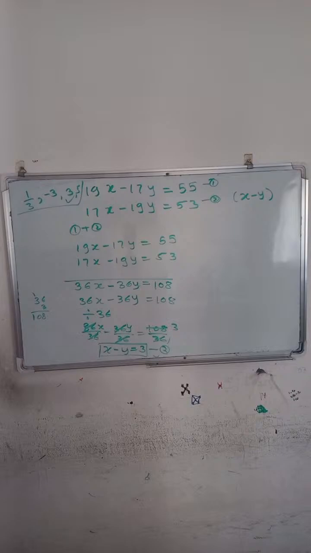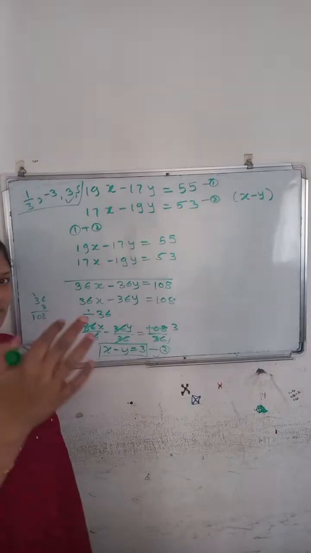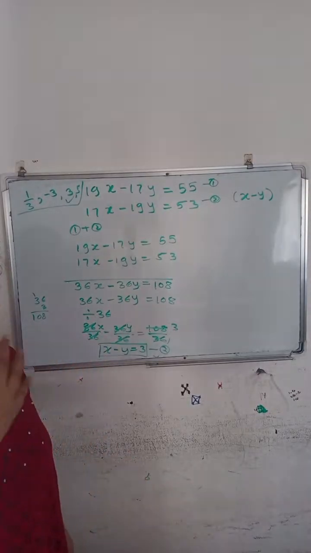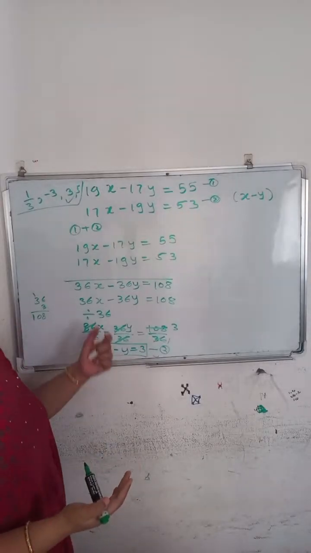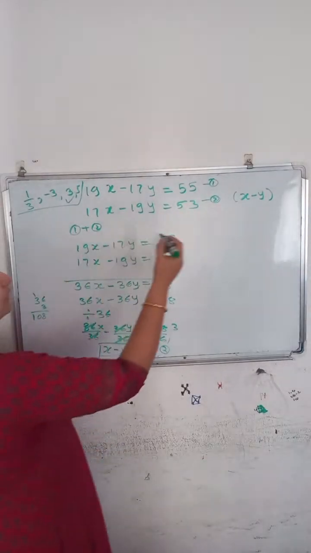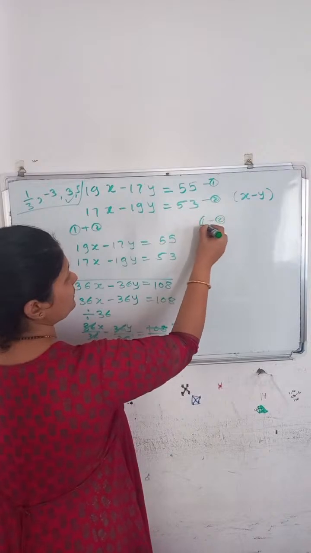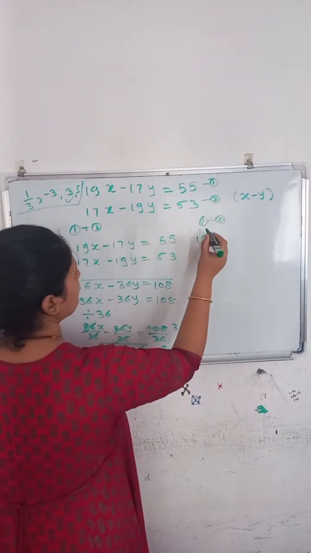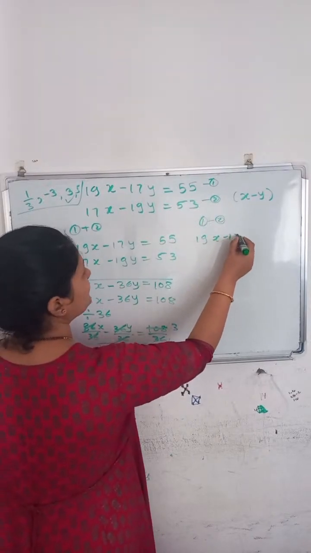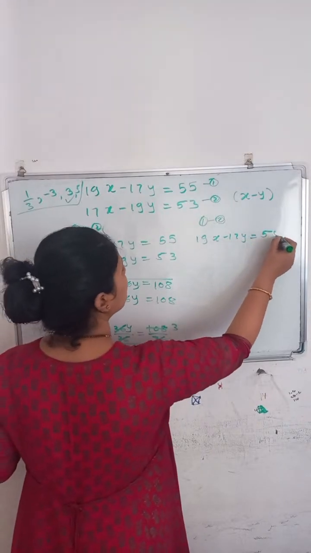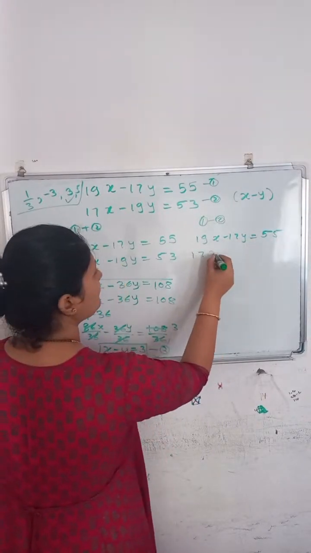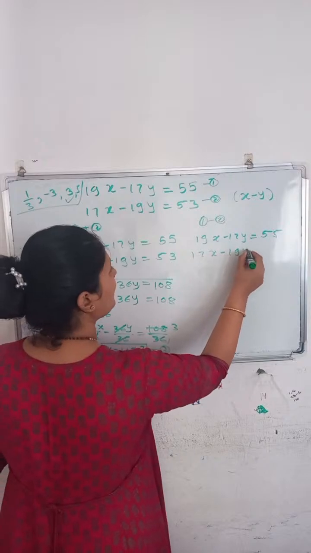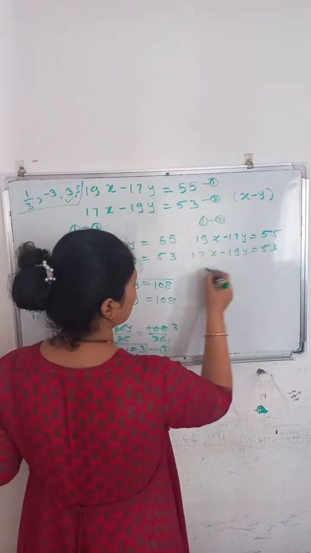Now sometimes they will ask, I am just extending the question according to my experience. So once we add these, similarly you can subtract these equations. Check here, 19x minus 17y is equal to 55, and 17x minus 19y is equal to 53.